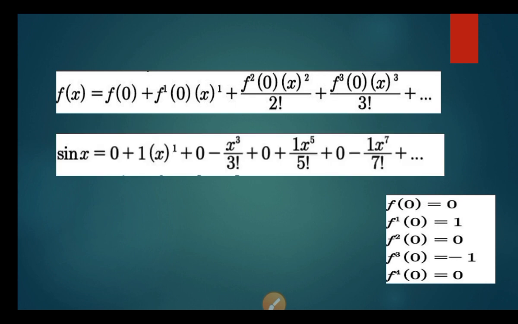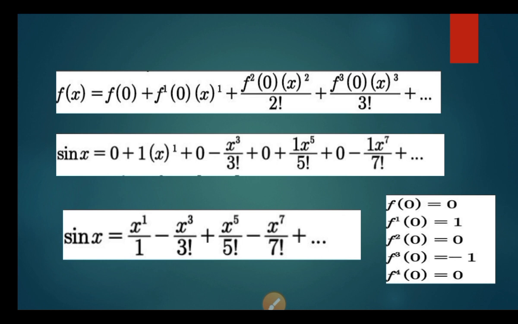So we're going to substitute: the f of 0 is 0, then the f prime of 0 is 1, so 1 times x raised to 1, plus negative x cubed over 3 factorial, plus 0, plus 1 times x to the 5 over 5 factorial, plus 0, minus 1 times x raised to 7 over 7 factorial, plus and so on. So this will be our answer.